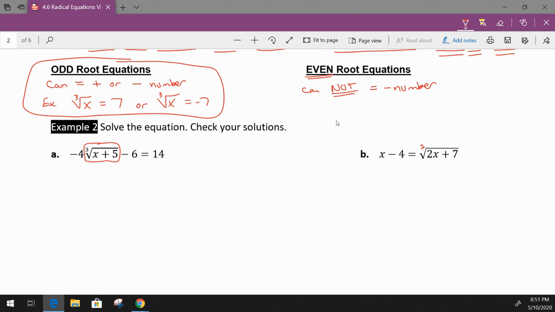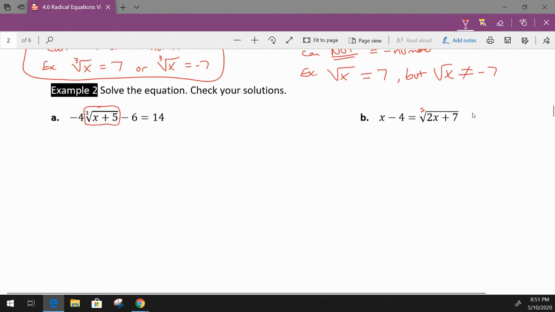You can ask questions in class if you would like me to explain it further. Okay, so it cannot equal a negative number. For example, the square root of x can equal a positive 7, but the square root of x cannot equal negative 7.